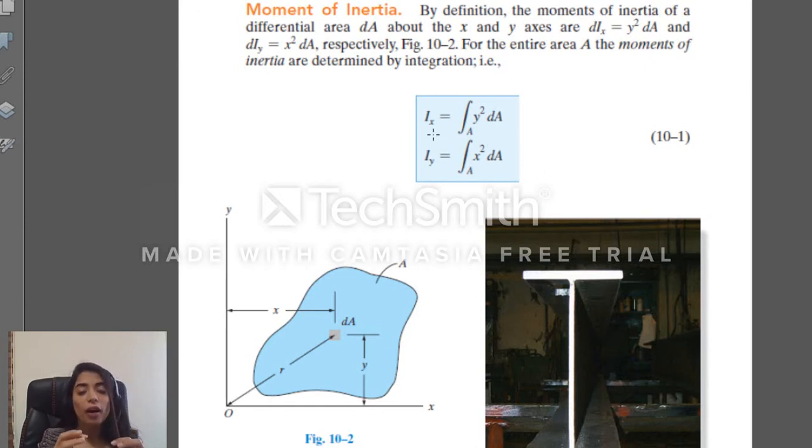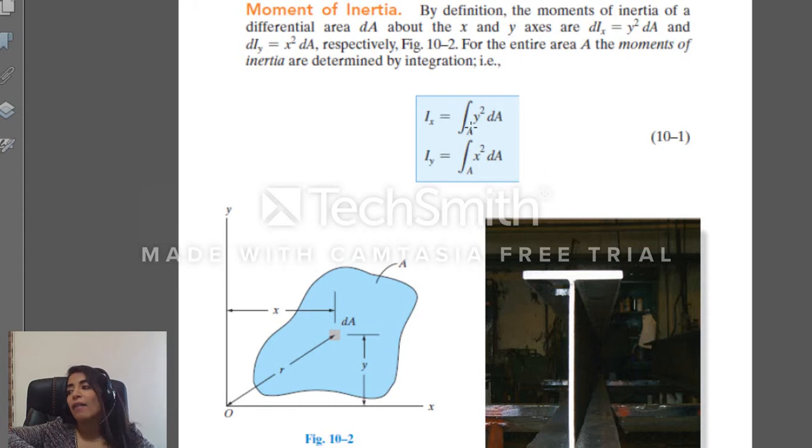Basically, if I need to find the moment of inertia around x, I should know the distance between this area and x. Of course, guys, if this distance is large, then the torque or the bending moment is large, and the moment of inertia will also be large. Which means, guys, that Ix is equal to the integration of y squared dA.